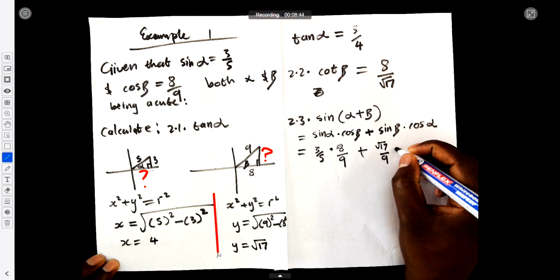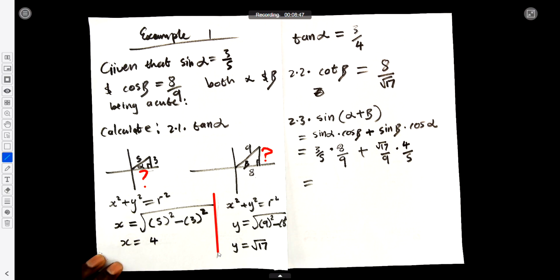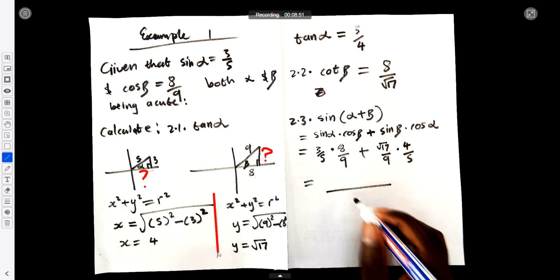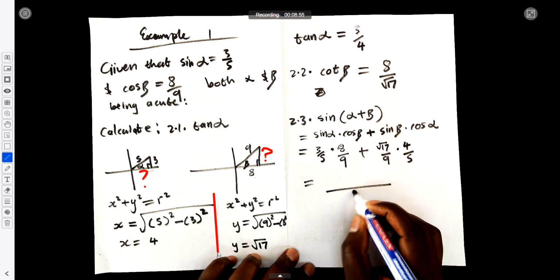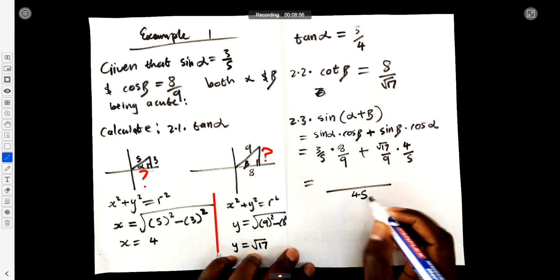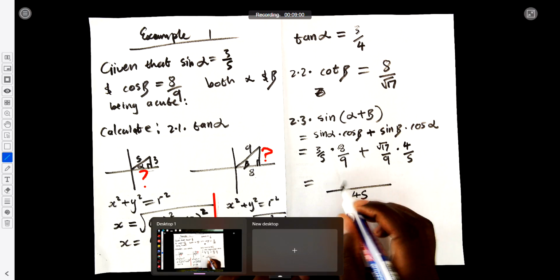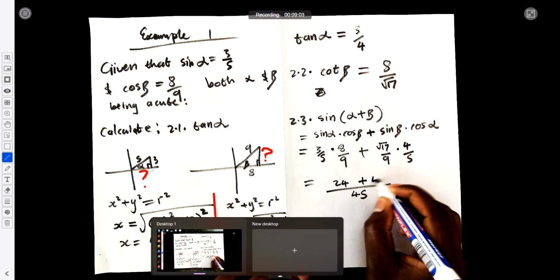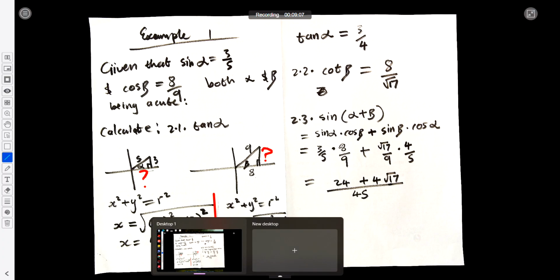Calculating directly, 3 times 8 is 24, plus 4 root 17. I hope we have the same.